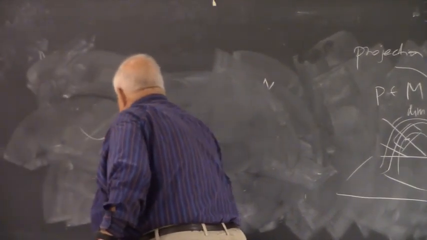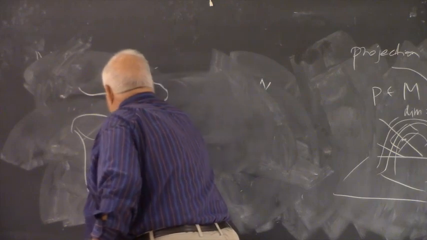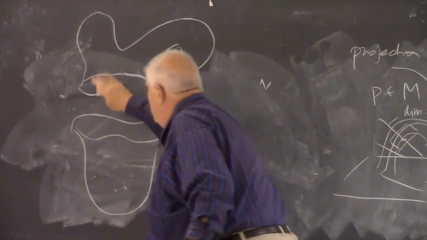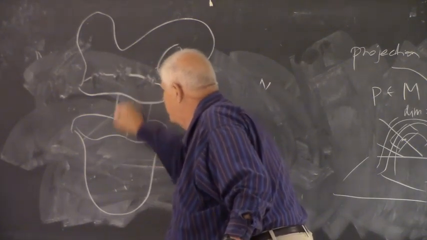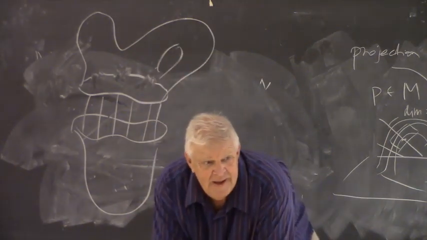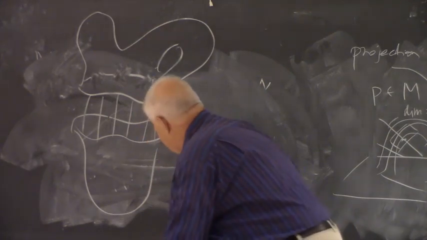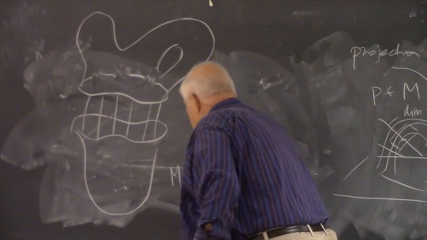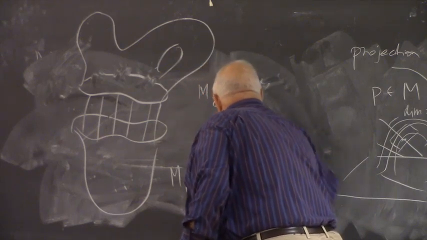So we have two manifolds with some diffeomorphism between the boundaries. Understand? So this is M1, this is M2, and they have a diffeomorphism H between ∂M1 and ∂M2.